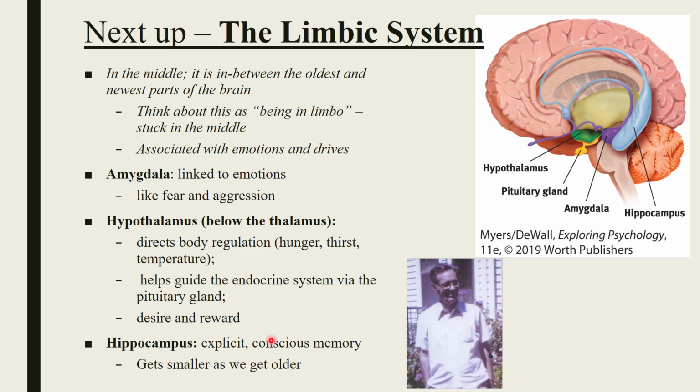So the part of the brain they took out was HM's hippocampus. As you might imagine, even though he lived a very healthy and long life, almost to 90 years of age, he could no longer form new long-term memories about certain things.